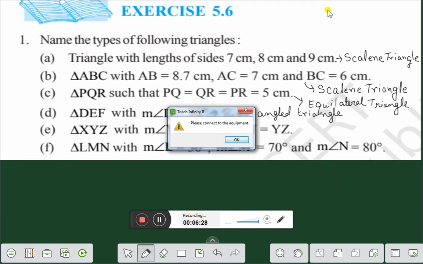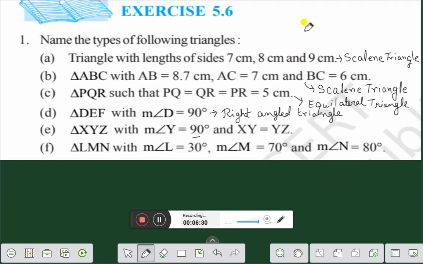That is, triangle is XYZ. Right. This is a triangle. You see here, the triangle is XYZ. This is X. This is Y. And this is Z. Right.